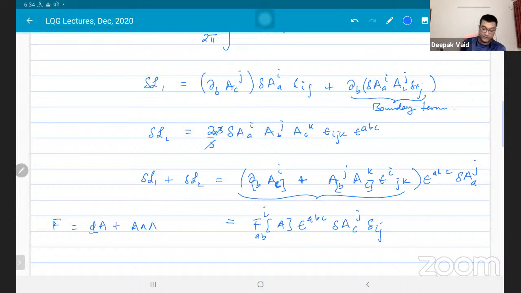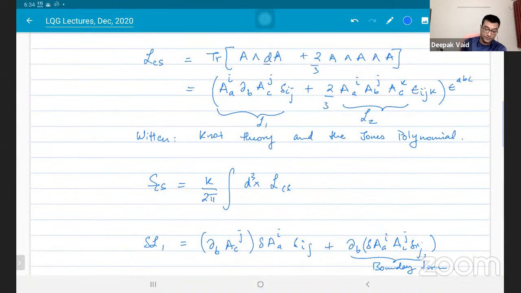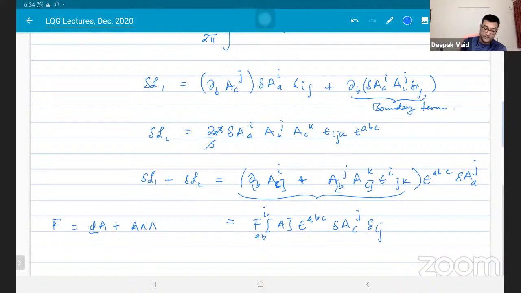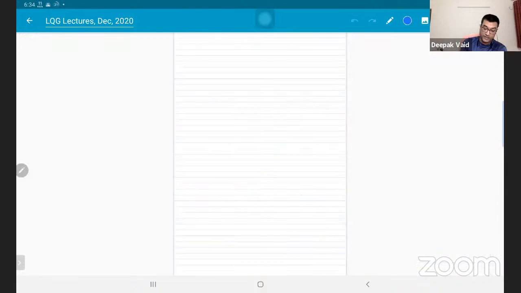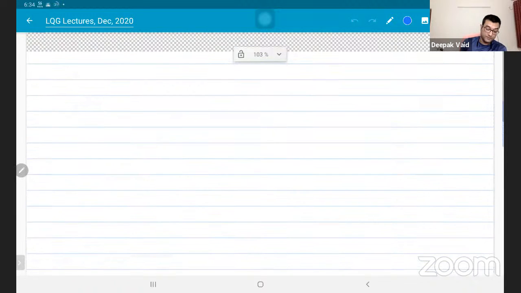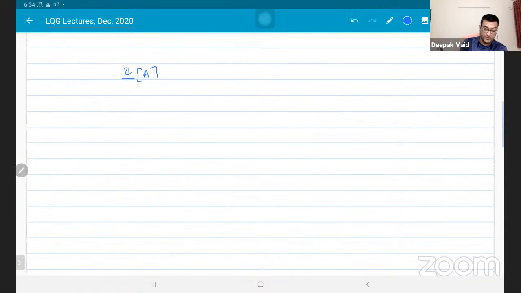This is what you get when you perform the variation of this Lagrangian density. So now if I write down an expression of this form, let's say psi A, which is exponent of some minus I times S Chern-Simons, and then I ask what happens if I take the functional derivative of this with respect to the gauge connection AI.